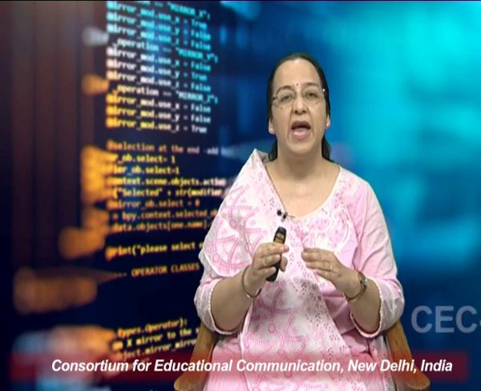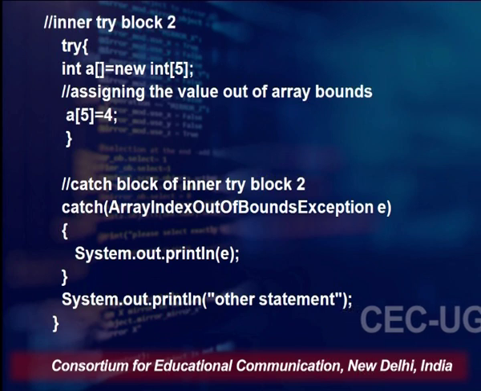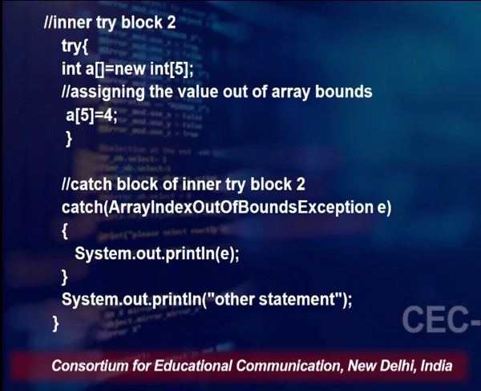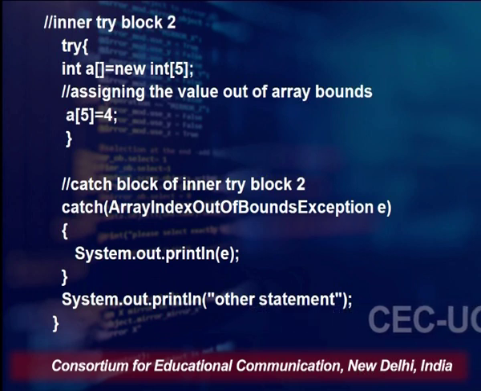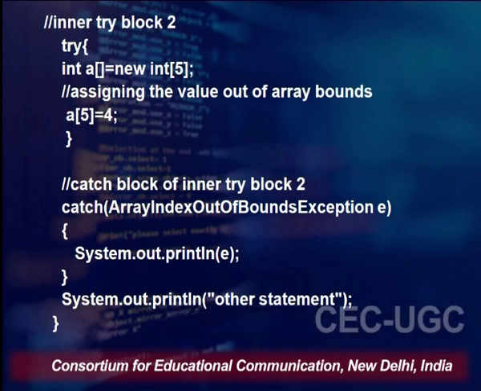Now the next try is going to throw an ArrayIndexOutOfBoundsException. Here we have declared an integer array a of size 5, and the indexing, as you all are aware, goes from 0 to 4. Then we are trying to assign a value to a[5], which is not available. The indexing available here is from a[0] to a[4].